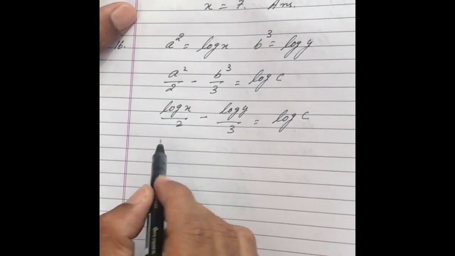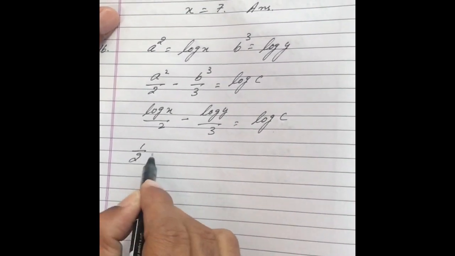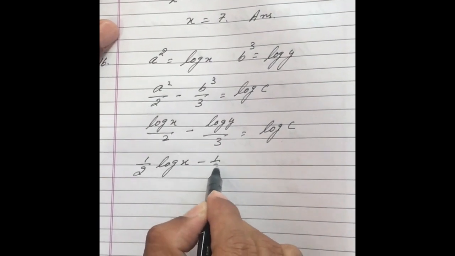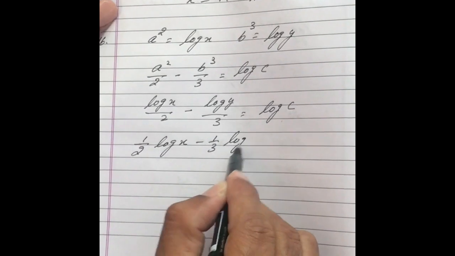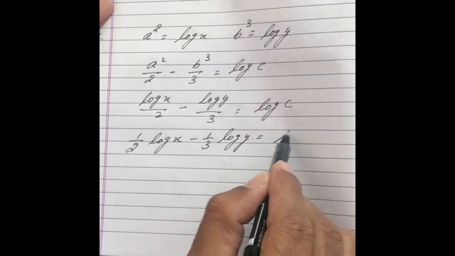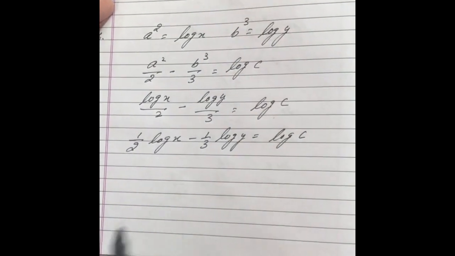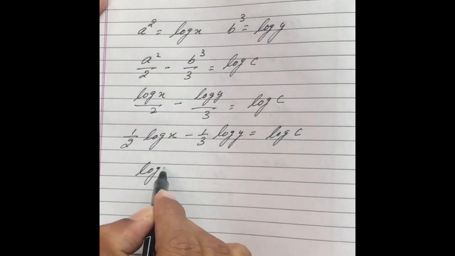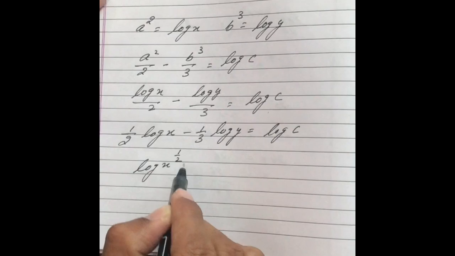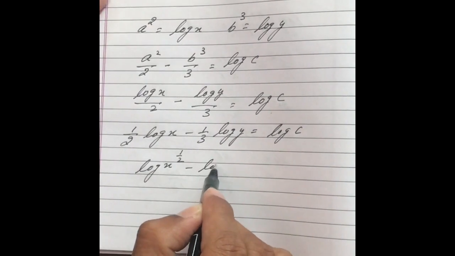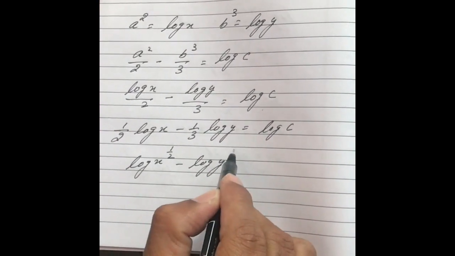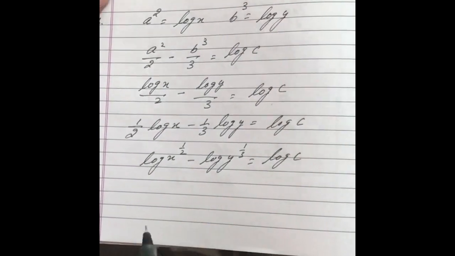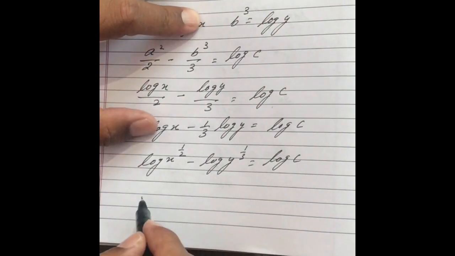Now it can be written as 1 by 2 into log x minus 1 by 3 into log y is equal to log c. 2 will get into the power: log x to the power 1 by 2, log y to the power 1 by 3, and minus means divide.